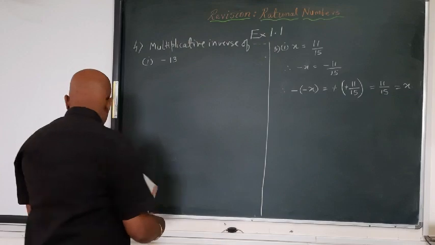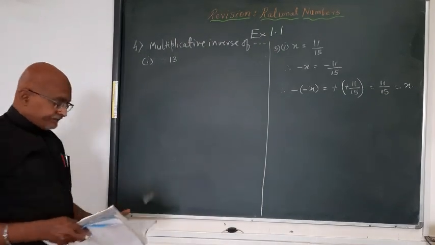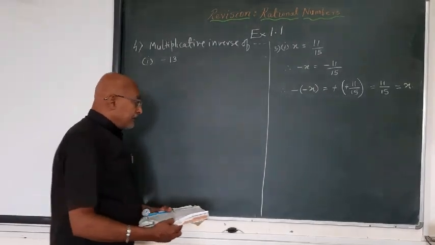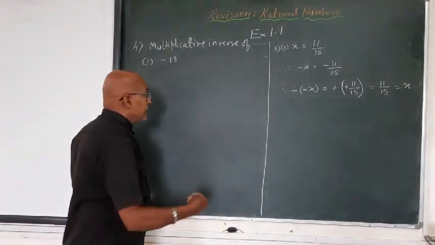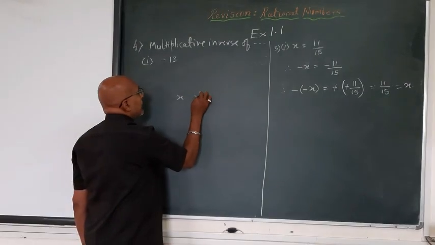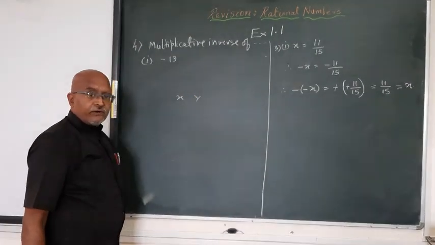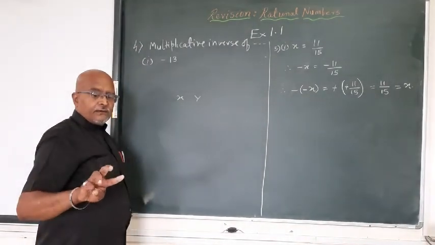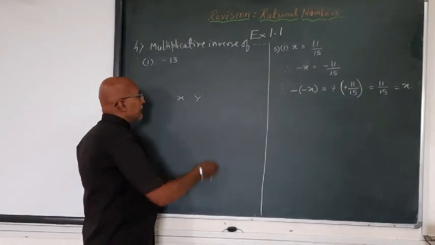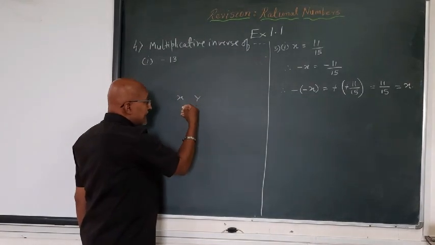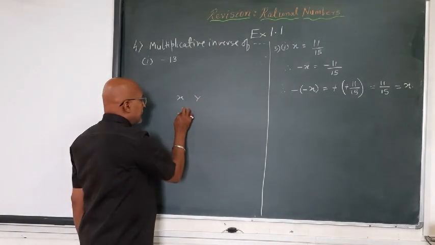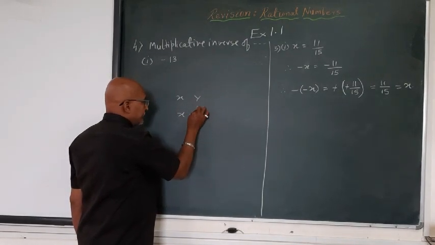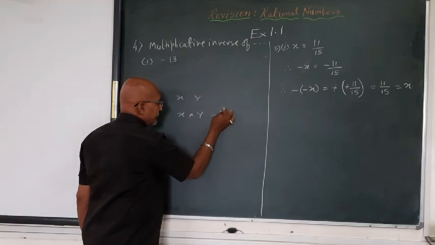Now here, what is the multiplicative inverse? The multiplicative inverse is that when you multiply two numbers, say x and y are the multiplicative inverse of each other, then x multiplied by y should be equal to 1.